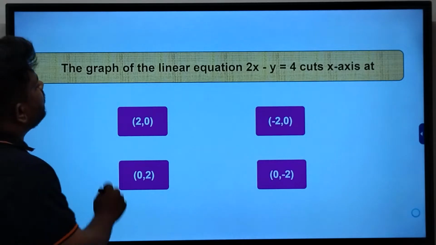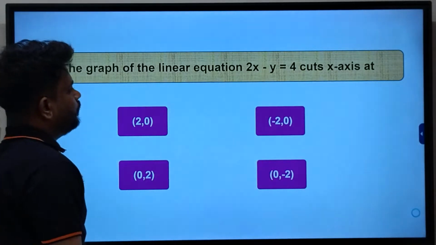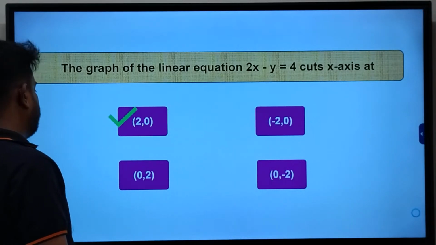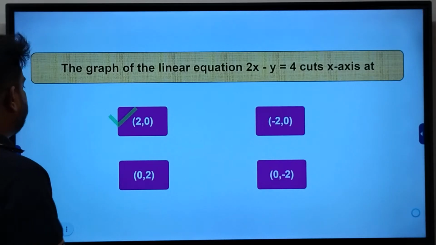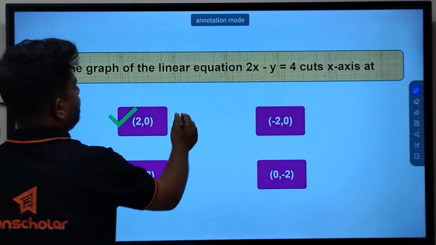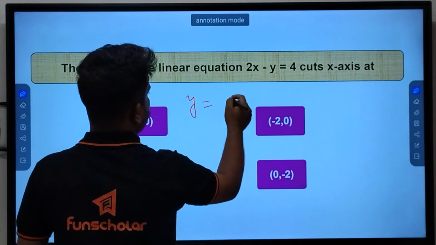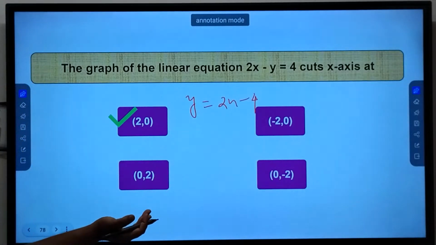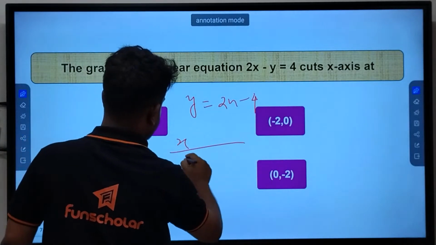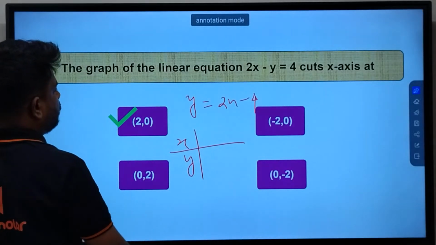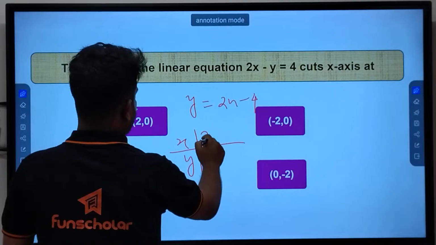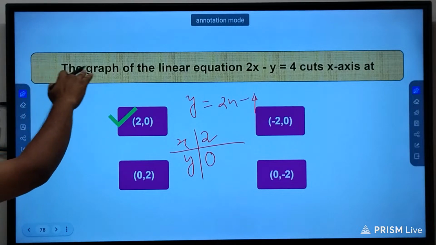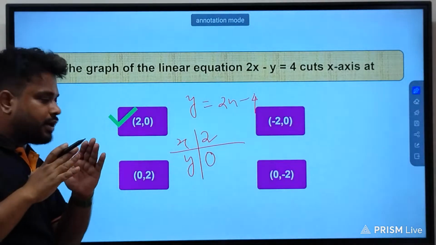Okay, the graph of the linear equation 2x minus y equals 4 cuts the x axis at. So to find this, we have to find the value of y, that is y equals 2x minus 4, and if I put the numbers here, x and y, if I put 2 in here, y will be 0, and we all know that to cut the x axis we have to make y's part 0.